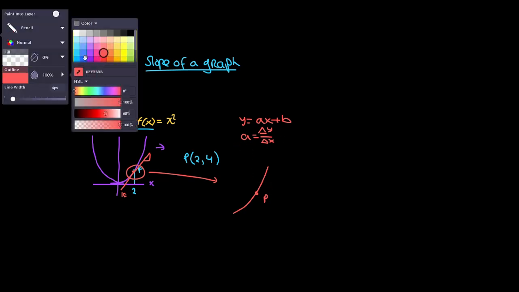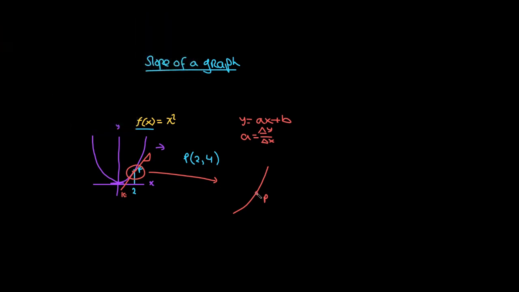So what we're going to do is go a little bit further along the graph, just a tiny bit further, and we're going to put point Q. So point Q will be something like 2.01, and then the corresponding output on the graph will be 2.01 squared, which is going to be like 4.04.